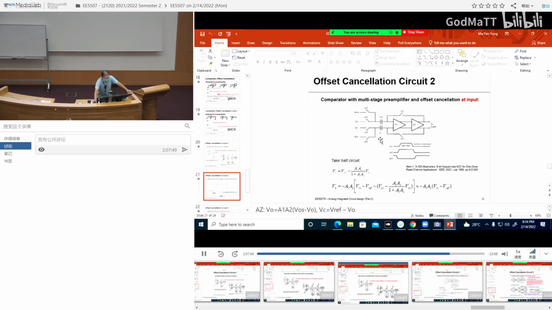So now the signaling concept is a bit different. We call this storage signal the AZ signal, auto zero. Auto zero means I'm storing the offset.